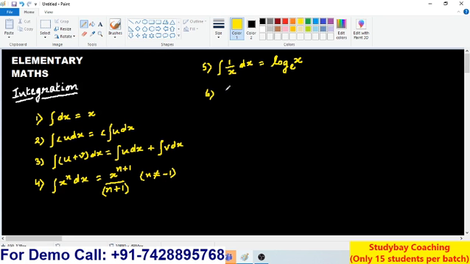Then we have integral sin x dx, and this will be equal to minus cos x. Fine. Then integral of cos x dx, this will be equal to sin x.